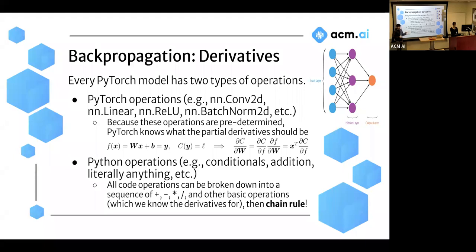That's kind of the power of the chain rule: we can always break things down even further. We can abstract things out by pre-computing a lot of these backprop derivatives, but if we don't know what they are, we can always strip it down to its barest level, these primitive operations, and we know the derivatives of those.